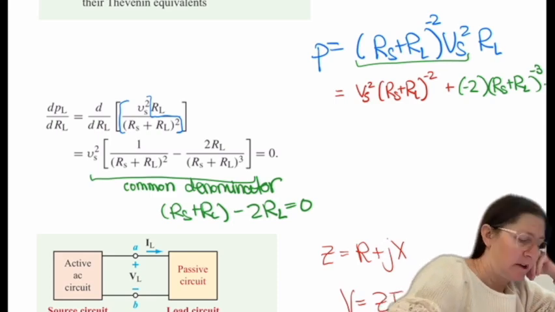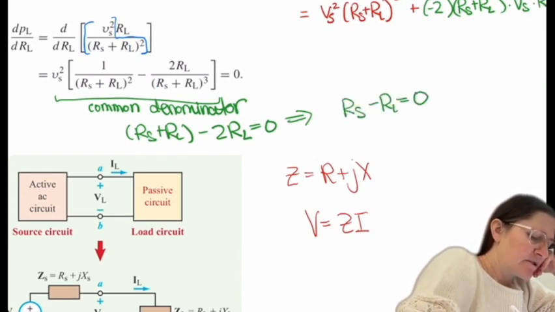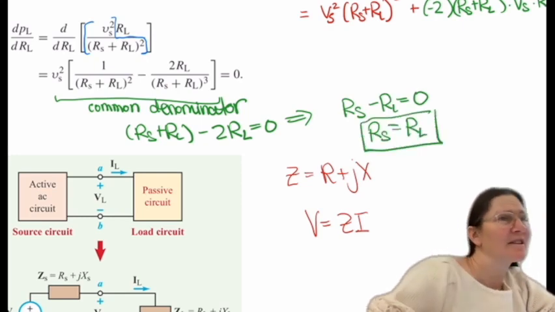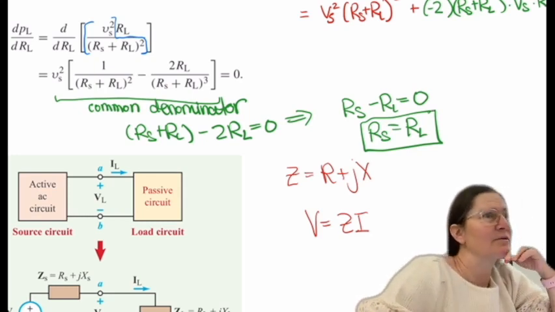Okay? And then solving that, you end up with RS minus RL equals 0, so RS will equal RL. Okay, yeah, that makes sense. You guys follow those? Yeah.